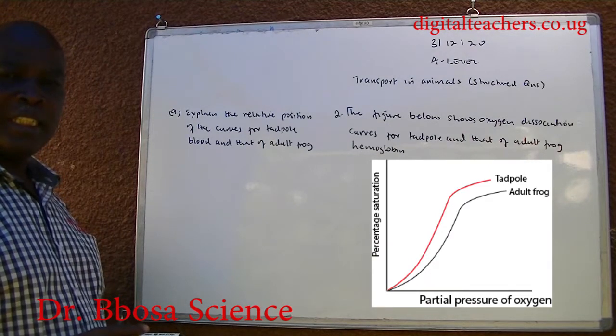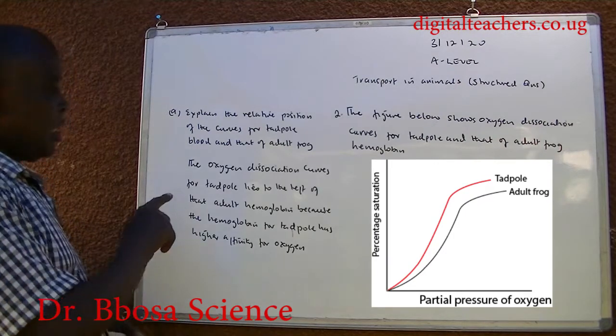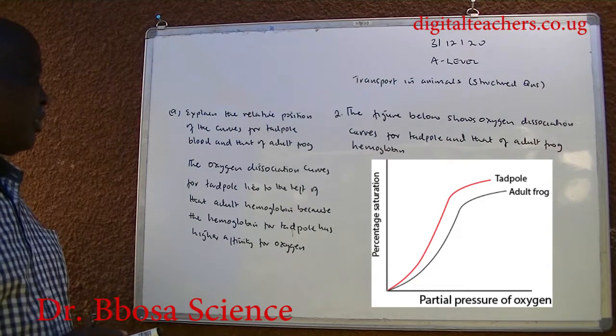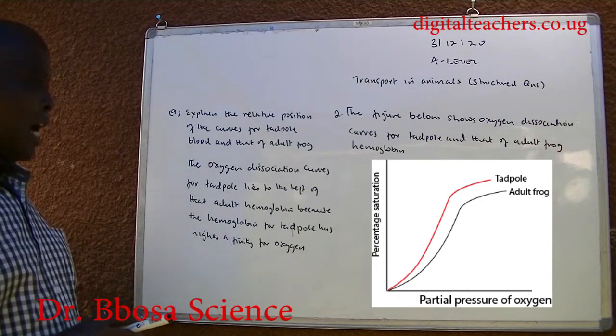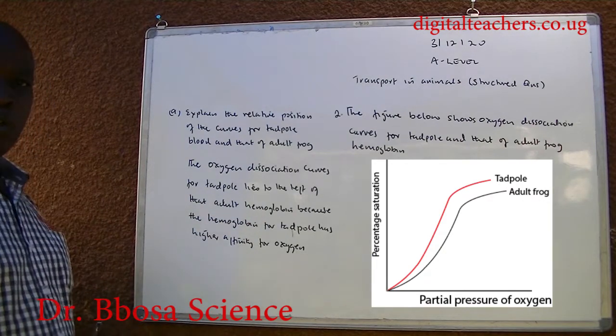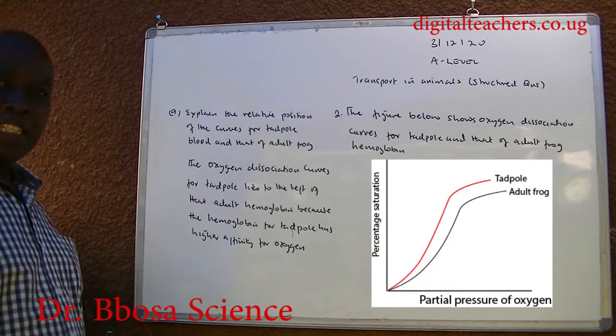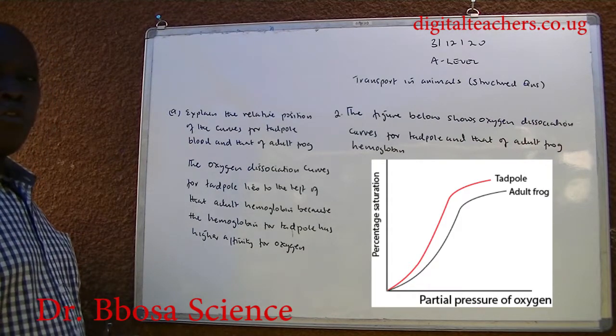You can pause and answer. The oxygen dissociation curve for tadpole lies to the left of that of adult hemoglobin because the hemoglobin of tadpole has high affinity for oxygen.